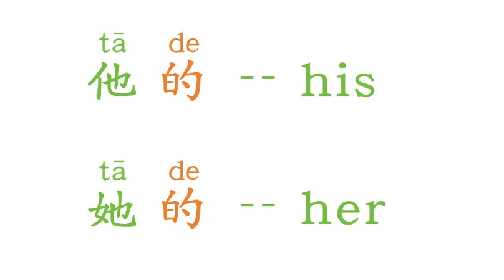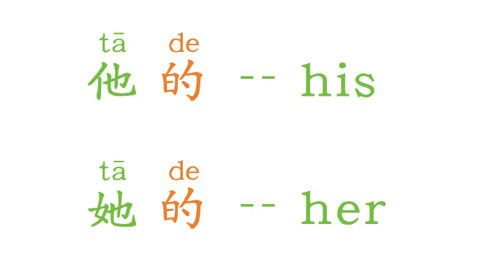So to say her, the possessive, that is 她的. Because the pronunciation of he or she are the same, the possessive his and her in Chinese sounds also the same. So to say his or her, we just say tā de.